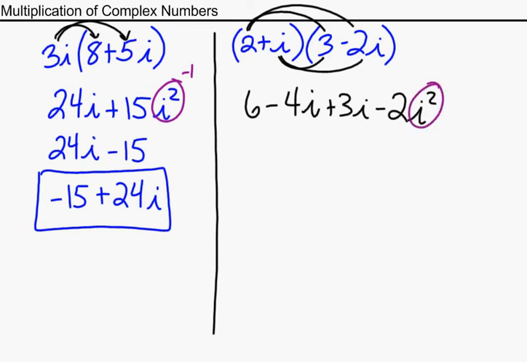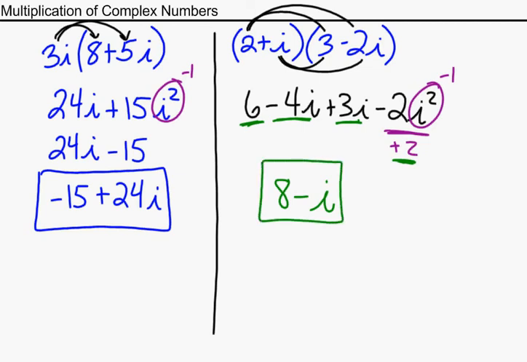And remember, i squared is negative 1, which makes this whole quantity into a positive 2. So when I combine like terms, I pick out the real portions of 6 and positive 2, which gives me 8. And I pick out the imaginary parts of negative 4i and positive 3i, which gives me minus 1i, or just minus i. That's my final answer. If you ever find yourself with more than 2 parts to a complex answer, you did something wrong and did not reduce the powers on i correctly.